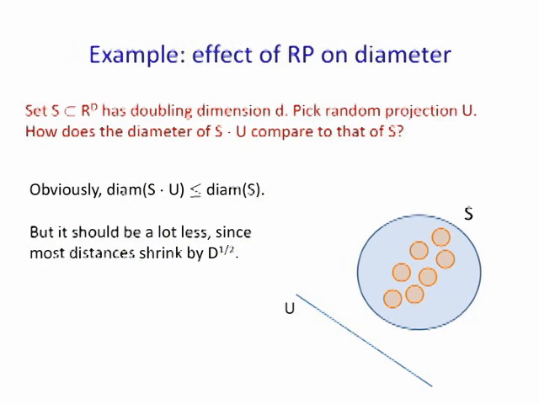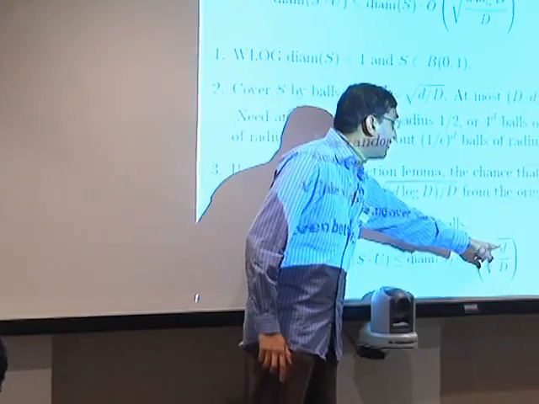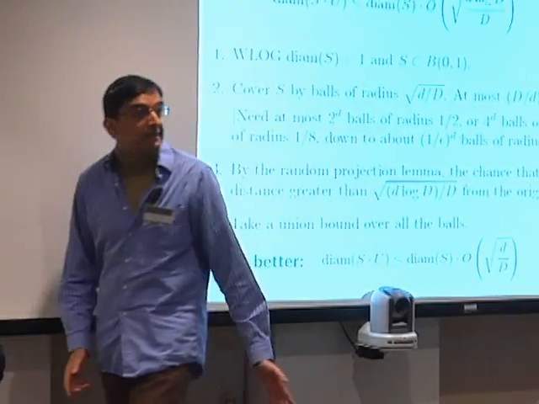They occupy just a small portion of the ball. The doubling condition guarantees you that you have very small covers for the points in this ball. And so you can show, I won't go through the analysis, but basically you can show that very predictably, the diameter shrinks by a factor of square root little d over big D. Okay? It behaves in a very regular way.